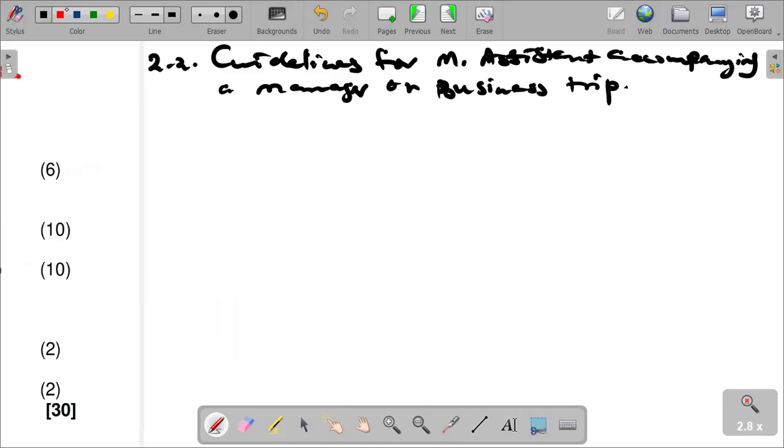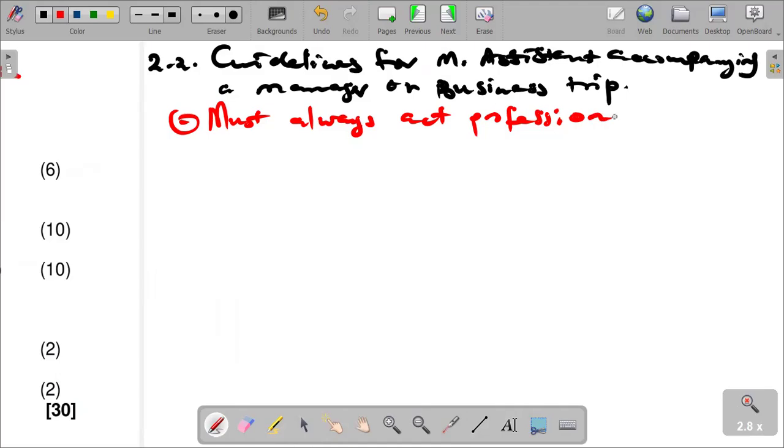So we want to see what the guidelines are when a management assistant accompanies the manager on a business trip. One, the management assistant must always act professionally.